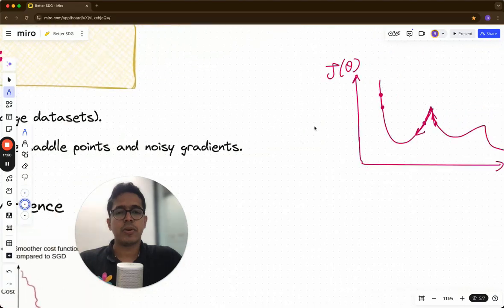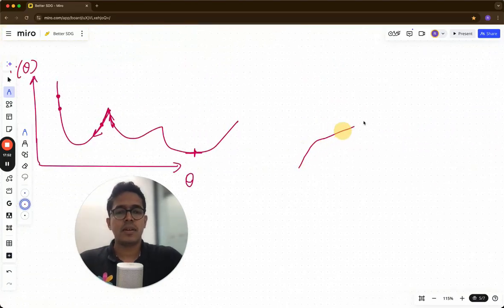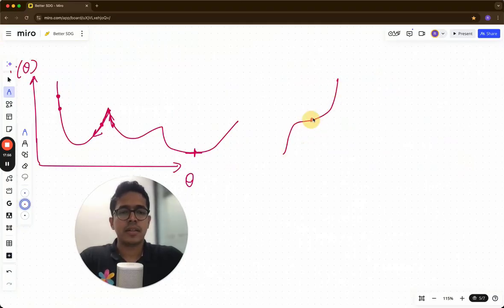So saddle points are points like this, where the slope is actually 0. This is neither a local maximum nor a minimum. Maybe the minimum is over here, right? So here also slope is 0, here also slope is 0.